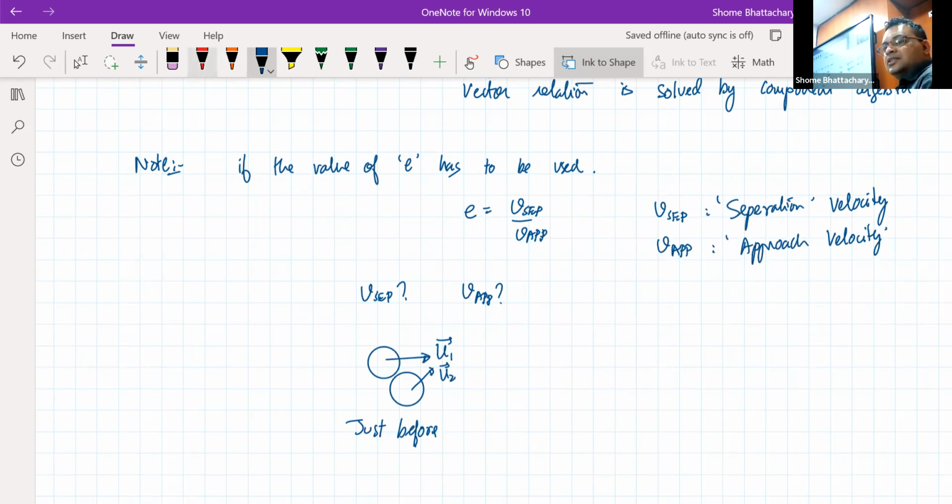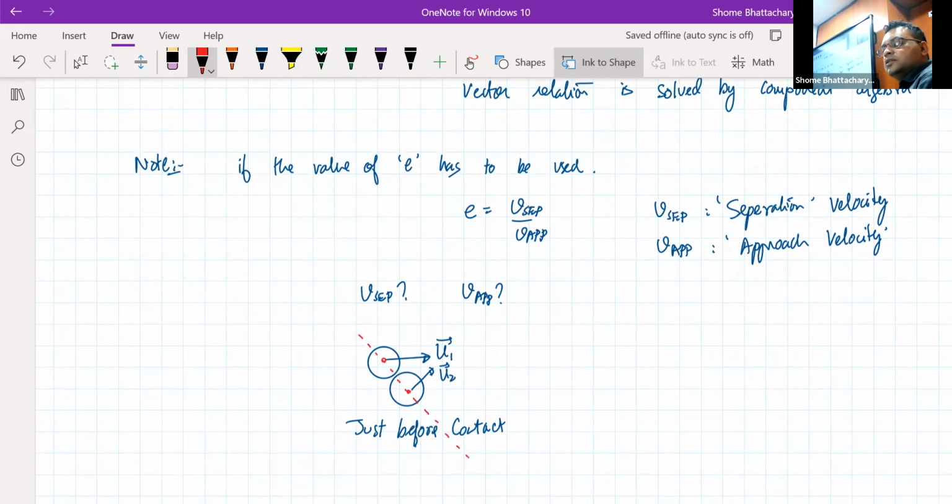If this is the diagram just before they come in contact, the initial velocities are u1 and u2, and they are about to hit each other. To calculate the approach and separation velocity, we first have to understand what the components of u1 and u2 are along this line, which is the center to center line.